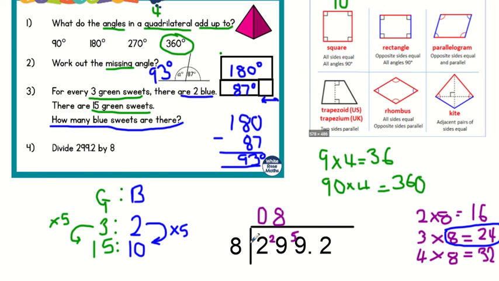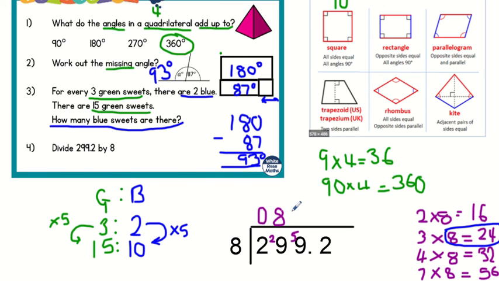So now we're thinking, how many times does 8 go into 59? Well, I know that 7 times 8 is 56. That's as close as I can get.